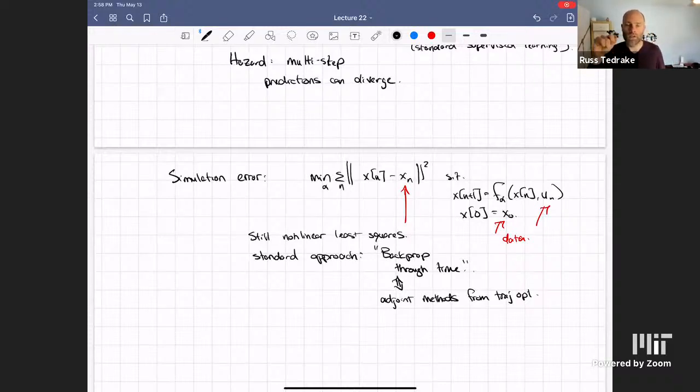So if we were computing the gradient of the cost with respect to u at time 3, for instance, we would do that by going backwards through time and taking the gradient with respect to u3. If u3 is a function of my model, then it's one more term in the chain rule.